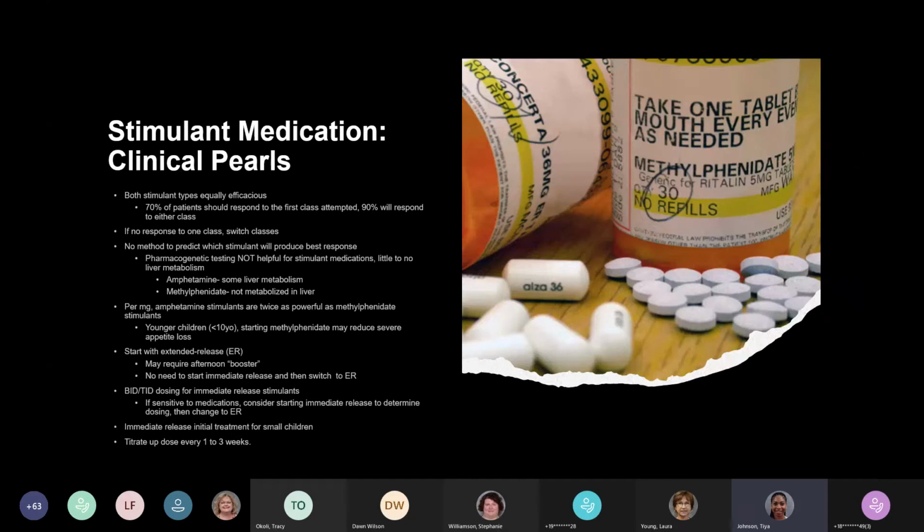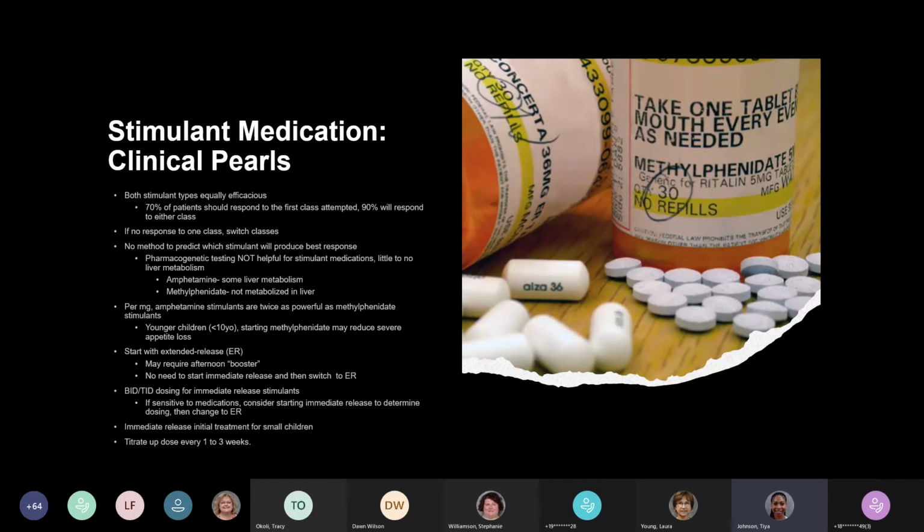The reason is that the stimulant medications have little to no metabolism in the liver, and the pharmacogenetic testing tests liver metabolism of medications. The amphetamine class has some liver metabolism, and the methylphenidate class is not metabolized in the liver at all. So that is why the pharmacogenetic testing is not helpful for stimulant medications.